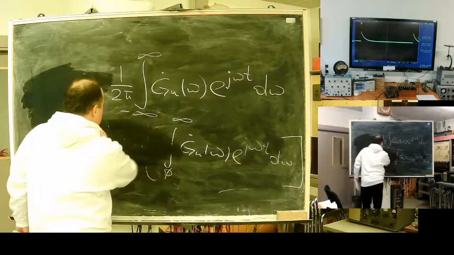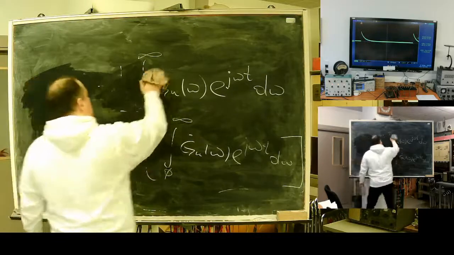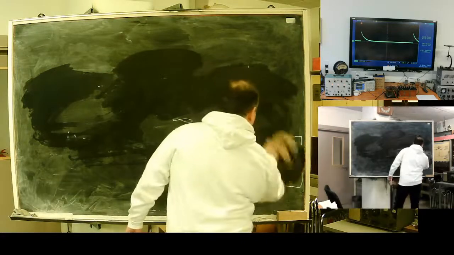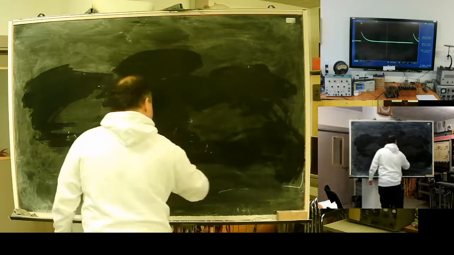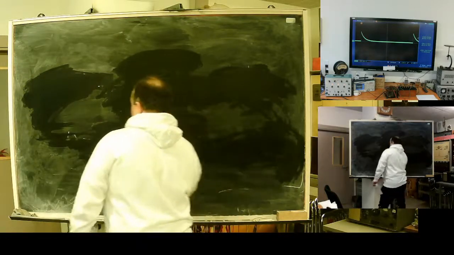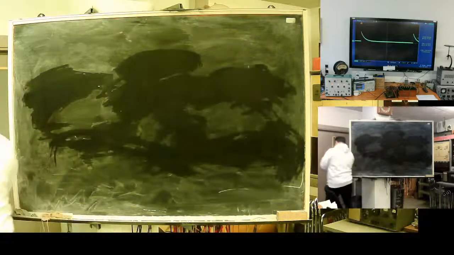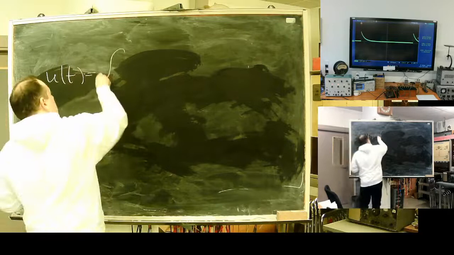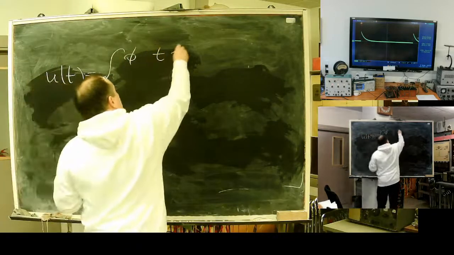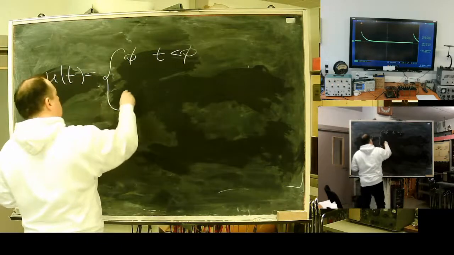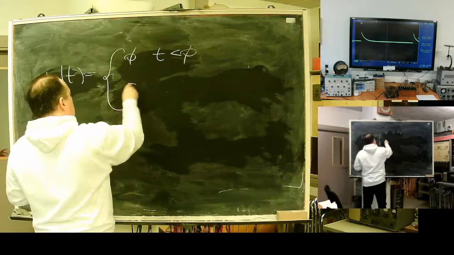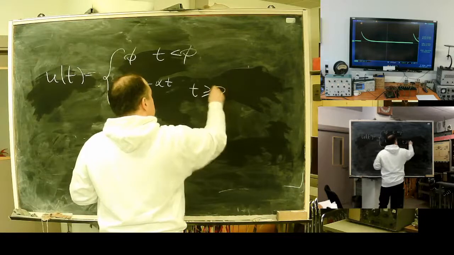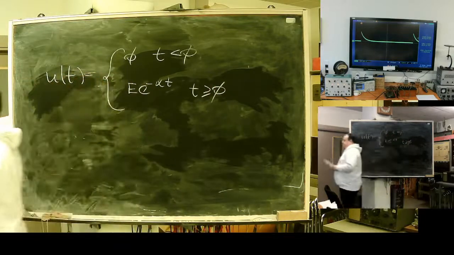So we have 0 when time is below 0, and e to the power of minus alpha t when time is greater than or equal to 0.